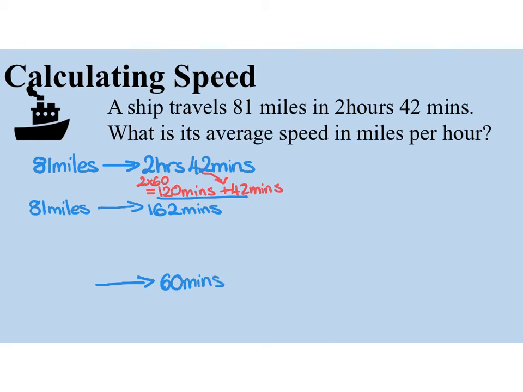So I will take it down to 1 minute like I have done in the other questions. So to get from 162 down to 1 and then make it up to 60, divide by 162 and times it by the 60 there. Okay, grab your calculator.